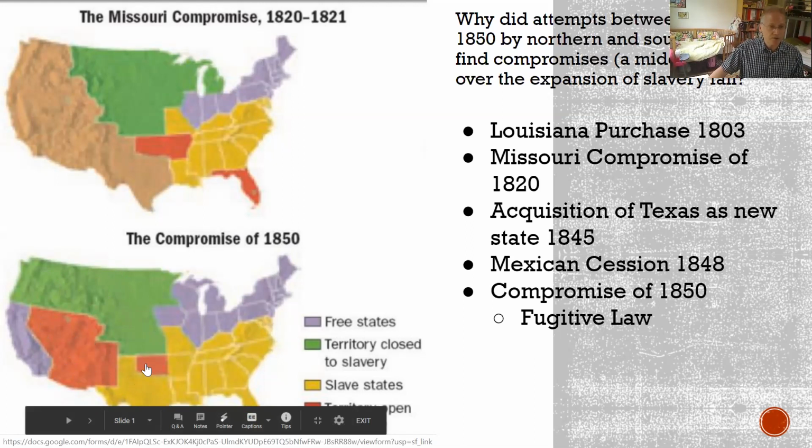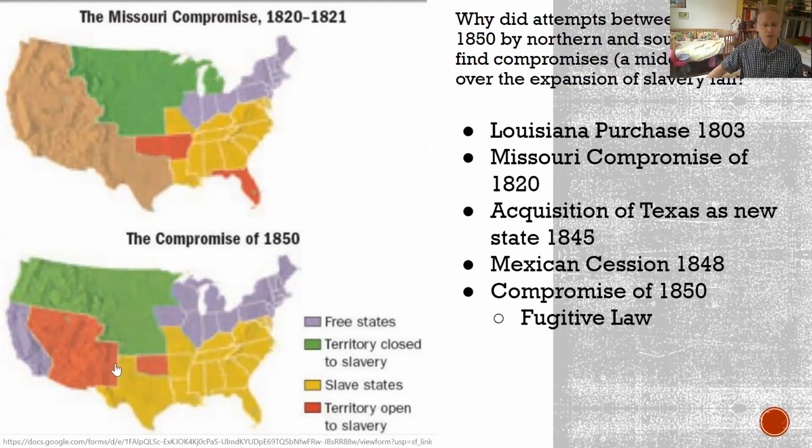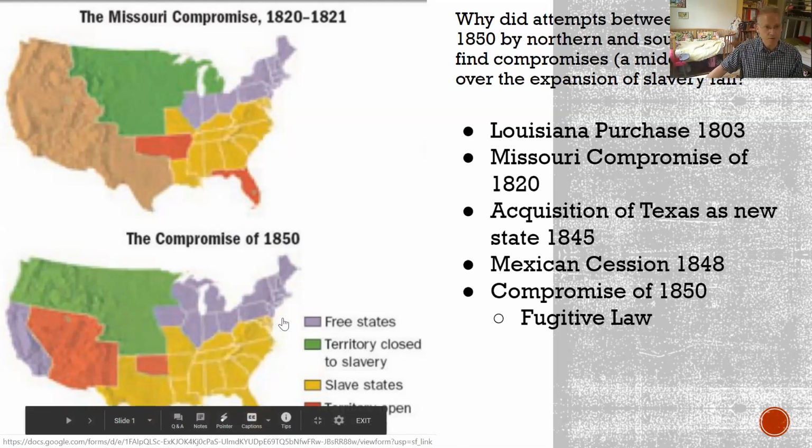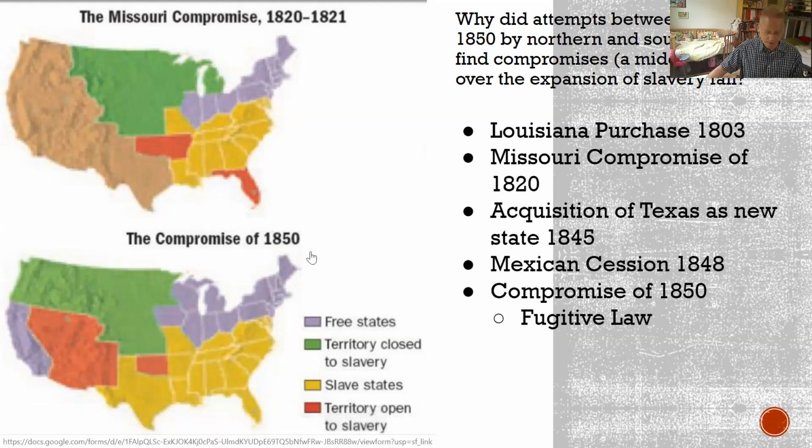Would these new territories and states be slave states or free states? This led to great what we call sectional tension between the North, which was free of slaves, and the South, which was full of slaves. Okay, and the outcome would be the Compromise of 1850, yet another attempt to calm things down.